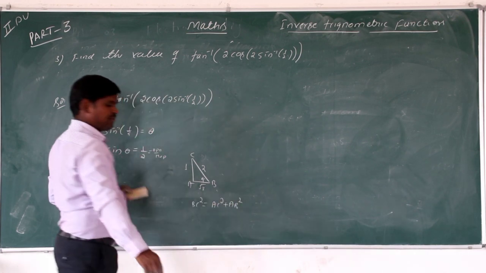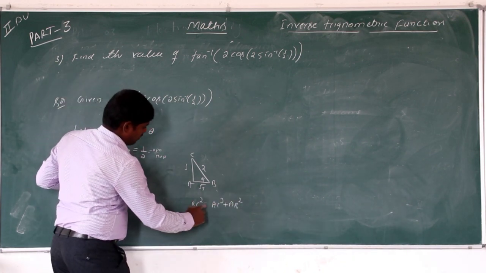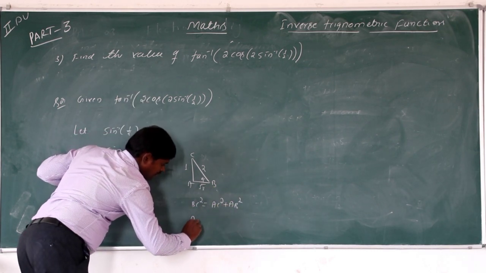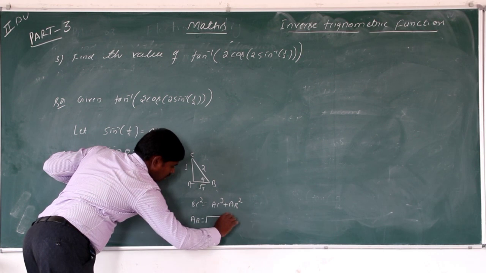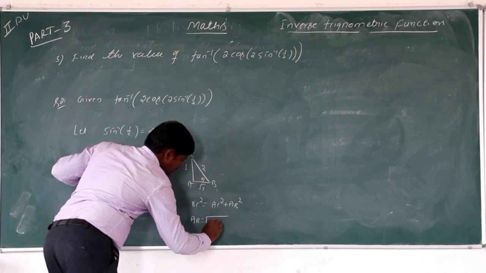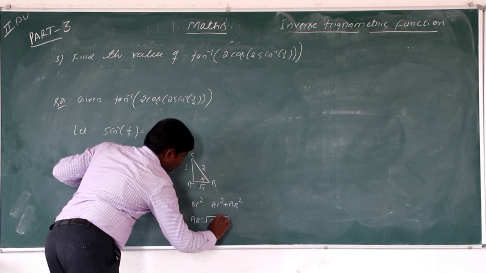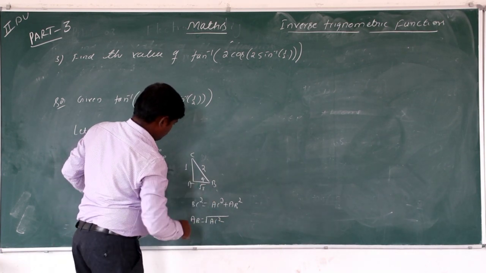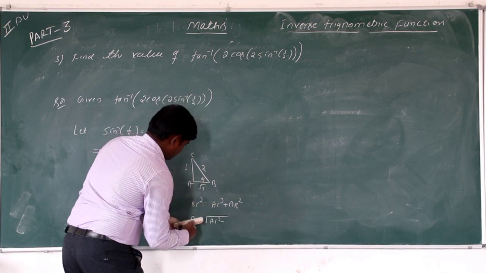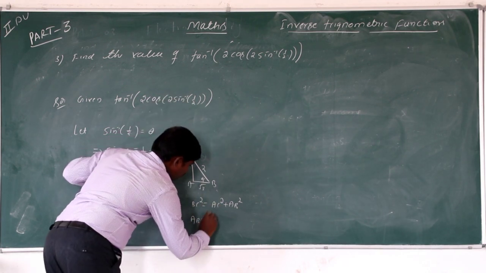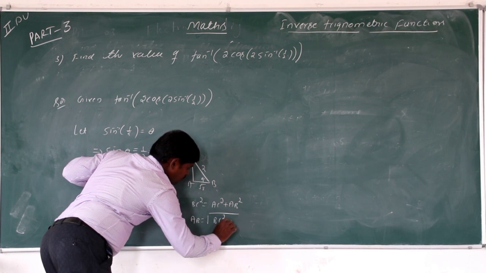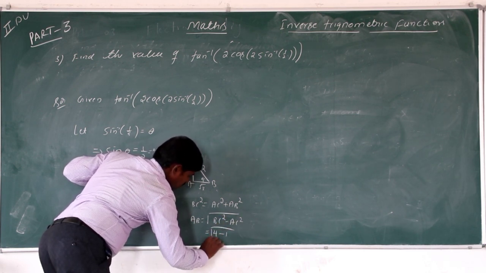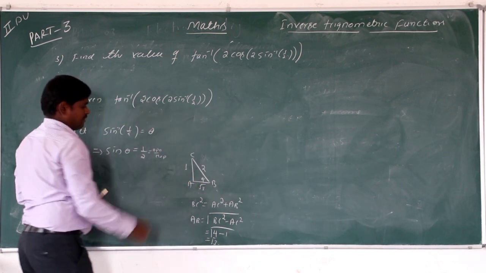So AB is equal to root of BC square minus AC square, which is root of 4 minus 1, equal to root 3. Therefore its value is root 3.